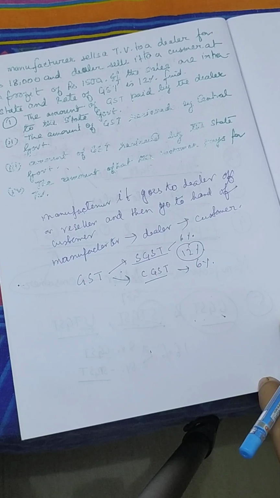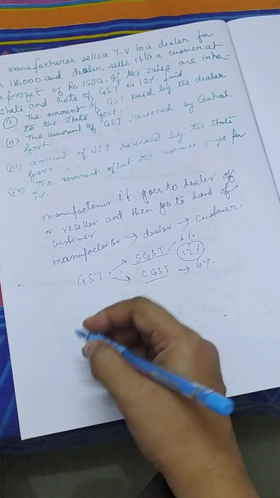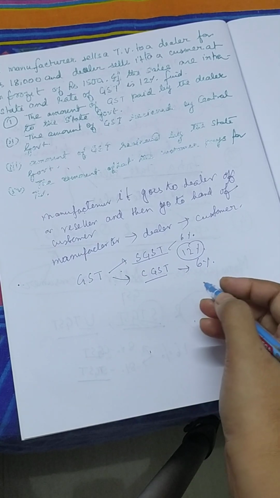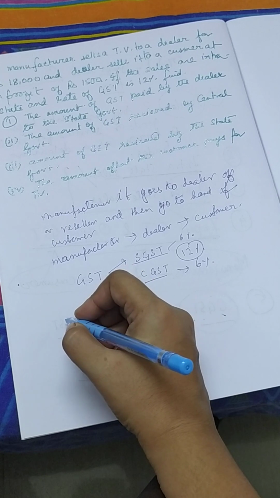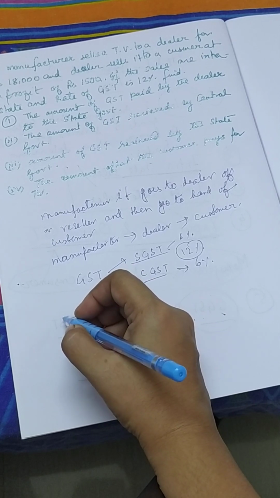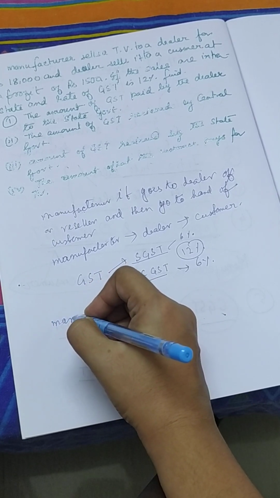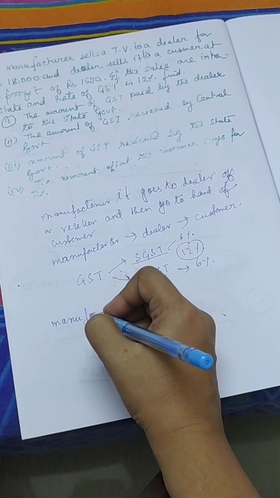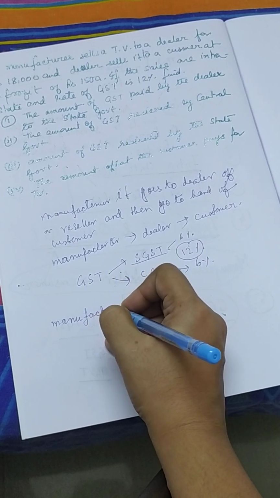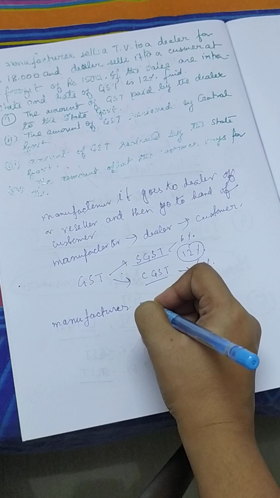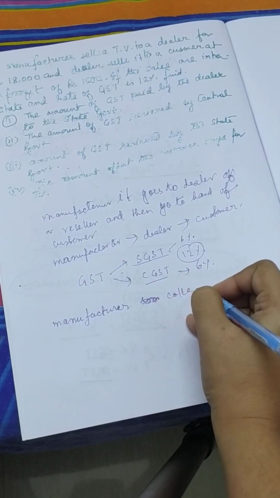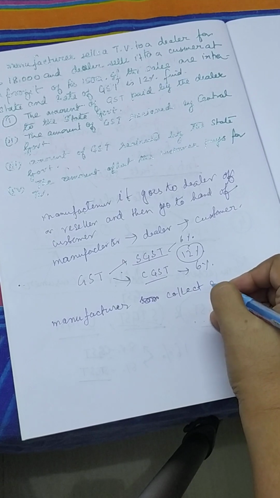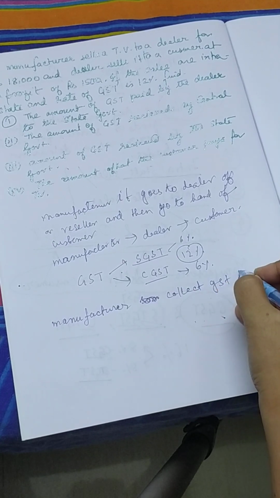Now, as the manufacturer sells it to the dealer at rupees 18,000, the manufacturer obviously will collect some GST from the dealer.